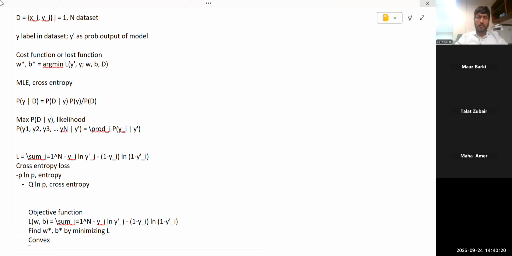So convex means that you will have just one minima. So L is a convex function. The loss function is convex. And as I said, also unimodal, meaning that any minima of that function would also be a global minima.